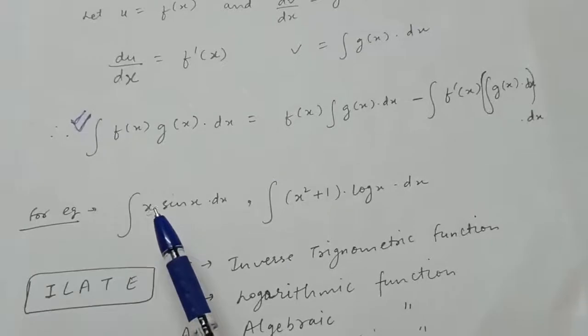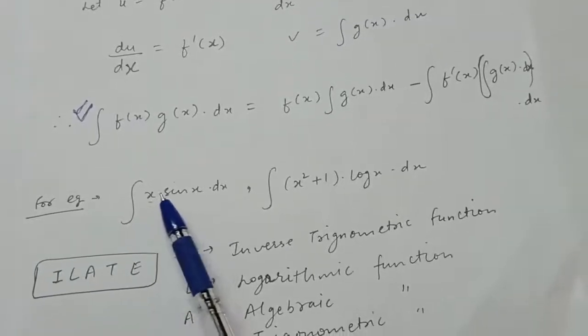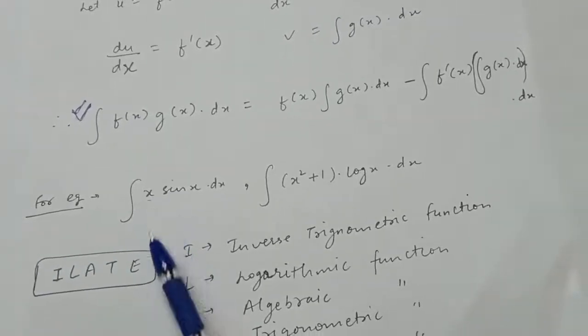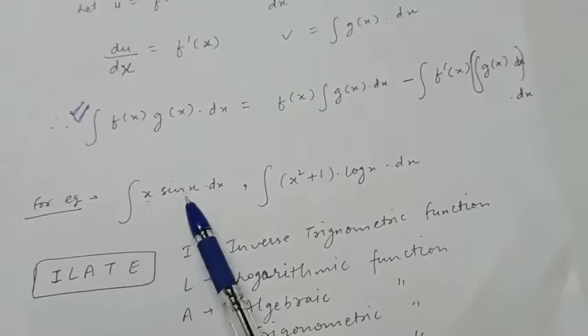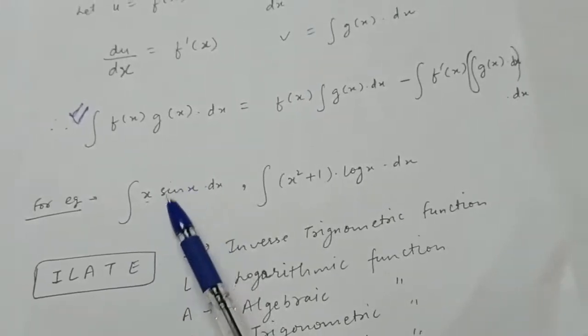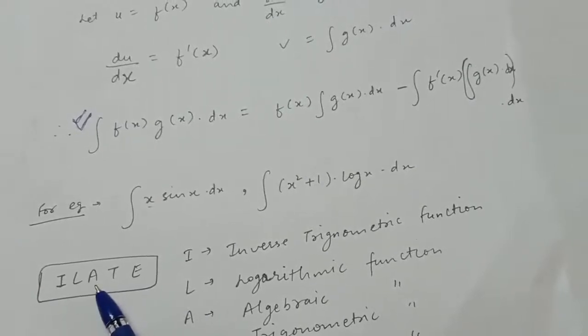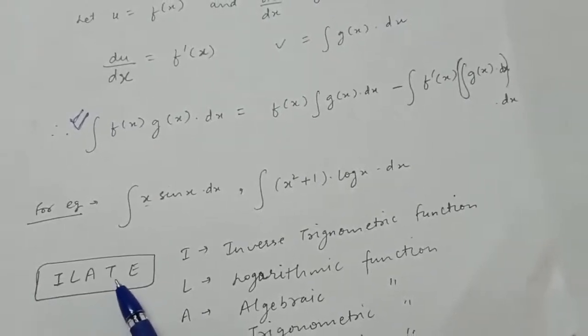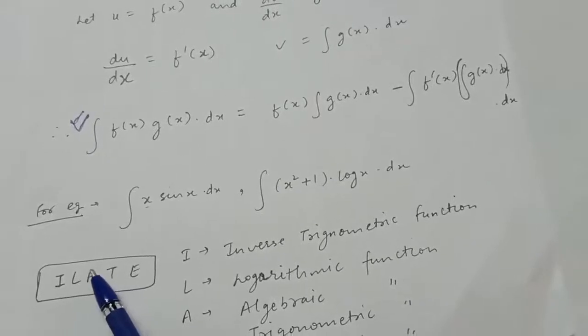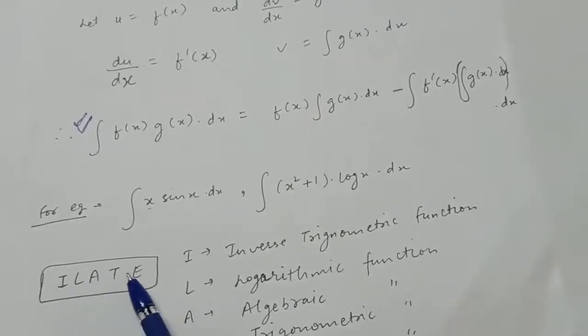For example, in this integral, this is the product of an algebraic function, that is A, and a trigonometric function, right? Now see which letter comes first. Algebraic function is denoted by A and trigonometric by T. So A comes first in this word ILATE.